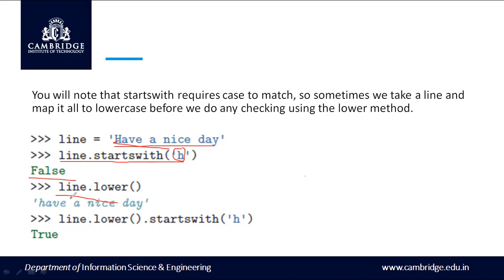Line dot lower will convert the uppercase letters. The previous string had H as uppercase, so now it is converted to lowercase. Now when I check line dot lower with startswith h, it returns true because it has been converted to lowercase letters.